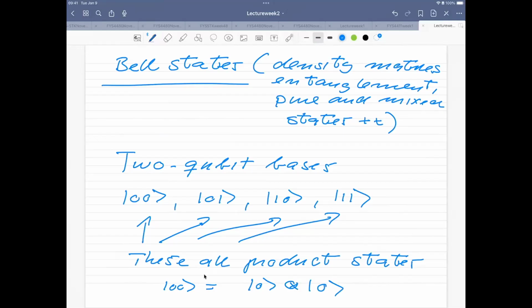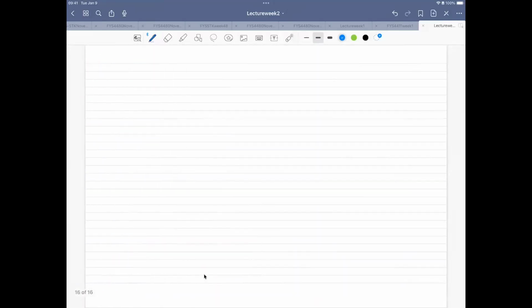Now, when you look at the first Bell state, this phi plus, it is defined in the following way. It's now a linear combination of these computational basis states which we had for the 2-qubit system.